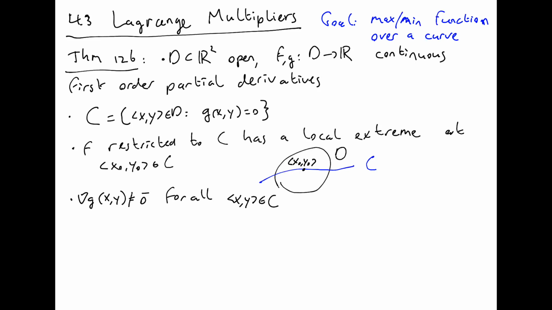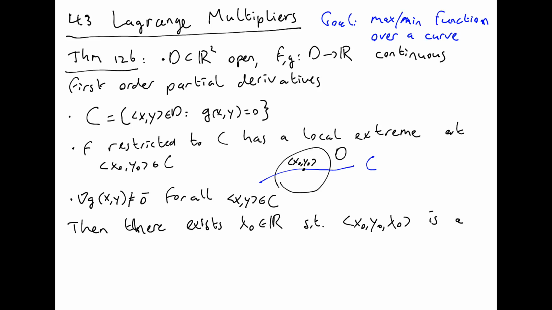And the conclusion is as follows. Then there exists a value lambda naught such that the point x0, y0, lambda naught is a critical point of the so-called Lagrange function.